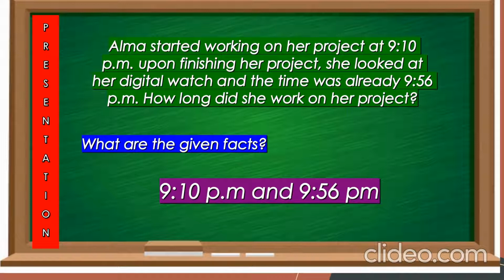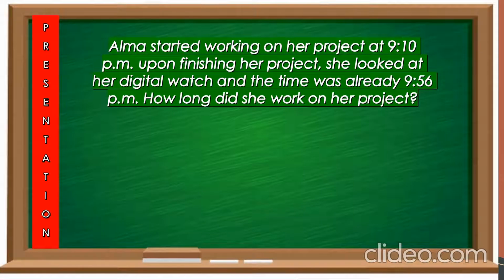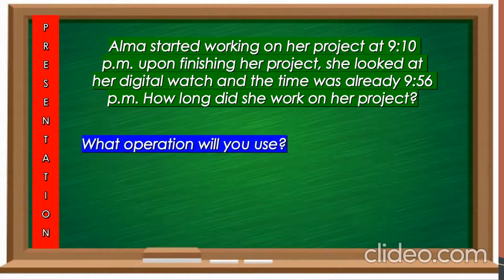So we need to plan. We are now going to the third step. The third step is, what operation will you use? Are you going to use addition, subtraction, multiplication, or division? Very good. When we are solving problems involving elapsed time, we need to use subtraction.